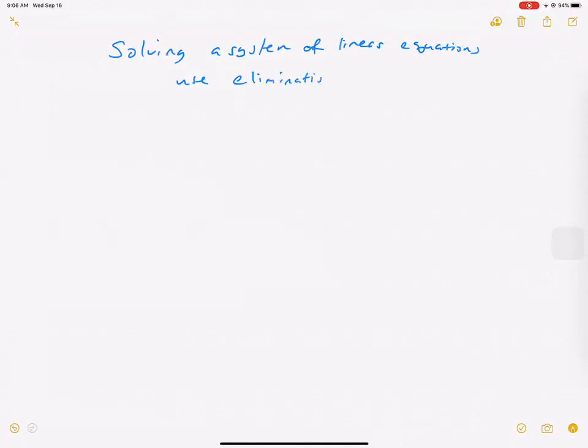Okay, it's called the elimination method. So you guys did this in IXL, and the easy problems look something like 2x plus y equals 5, and x minus y equals 1.